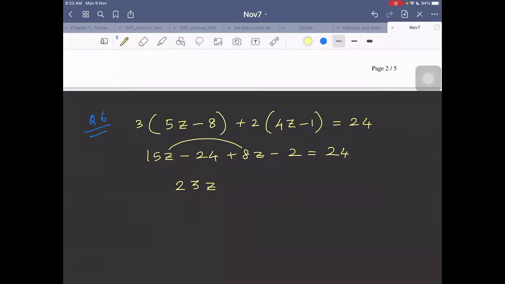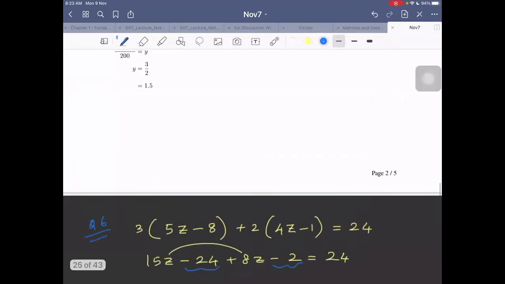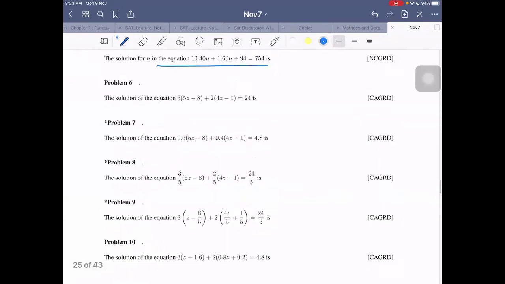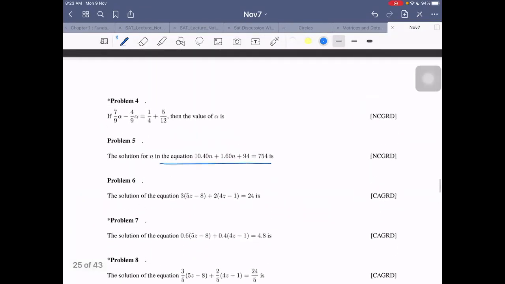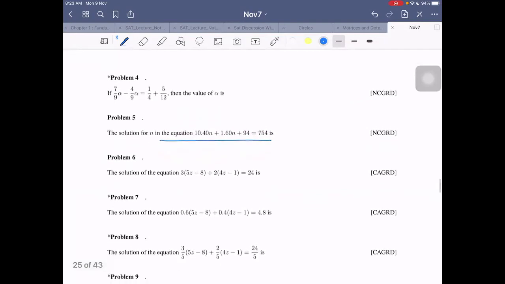So we can take the numbers to the other side. So that is going to be 48. Oh, okay. I guess there is a mistake in the question. Otherwise, we won't get a nice number. Let me correct it for you.